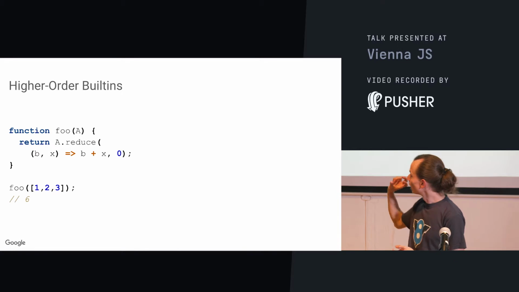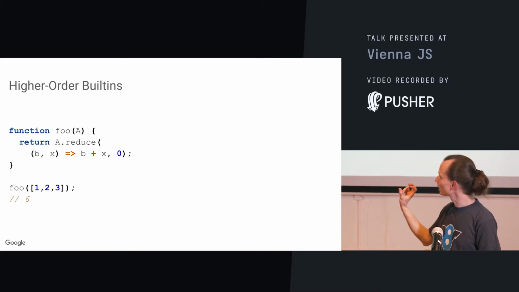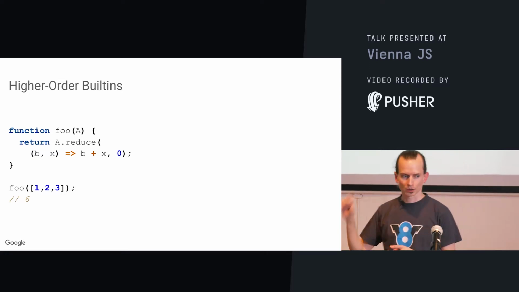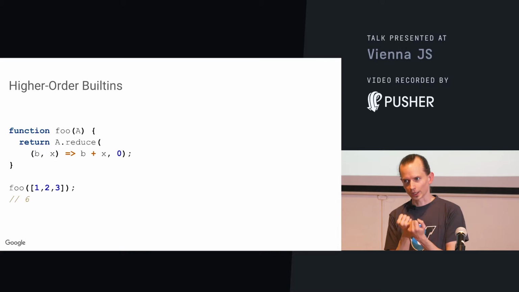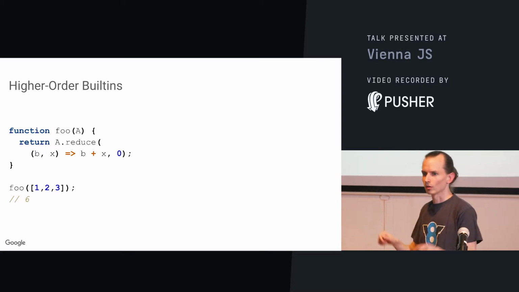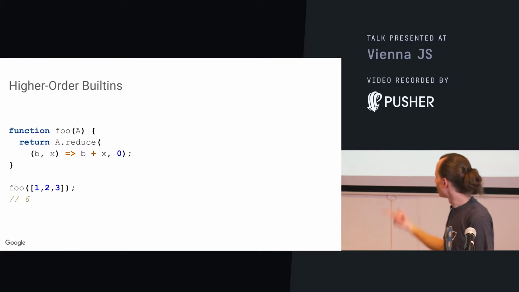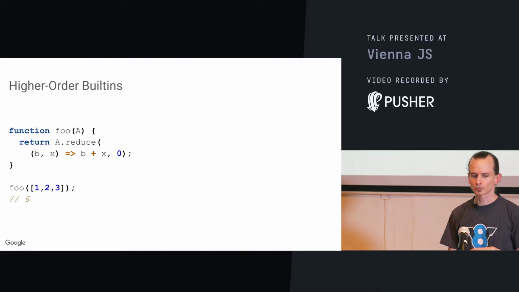You provide a function to this higher order built-in, namely the arrow function that takes an accumulator and some value and adds those two together. And you provide a starting value, like you start with 0 and add on top of 0. For example, the array 1, 2, 3 would yield a sum of 6.